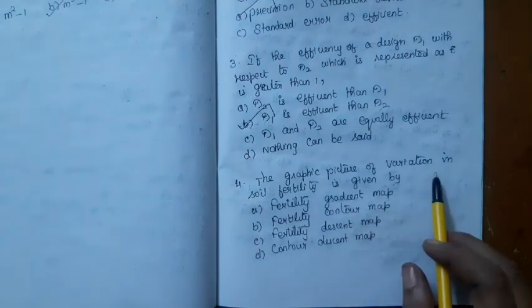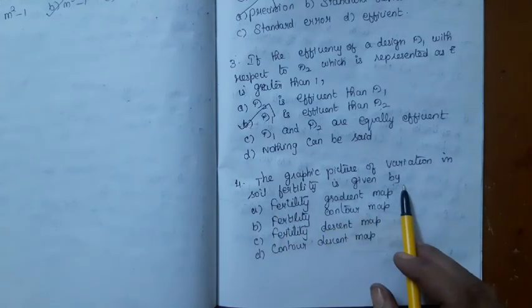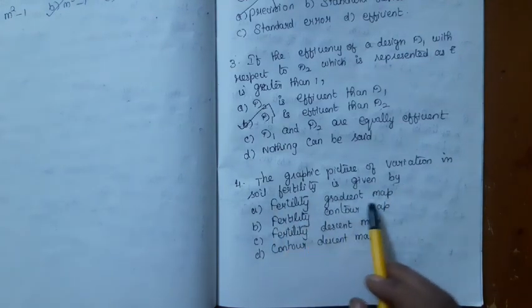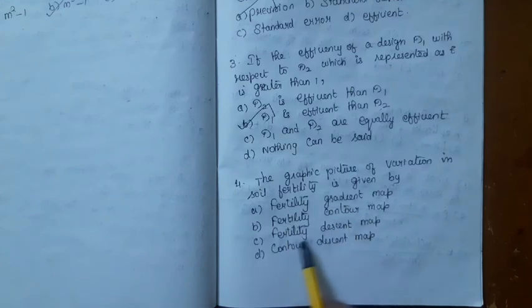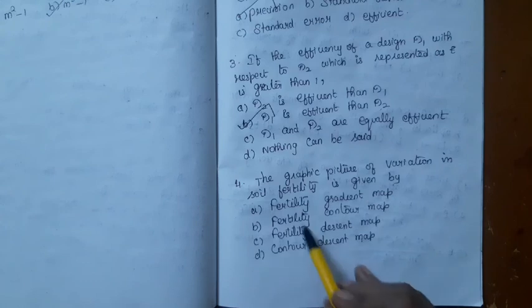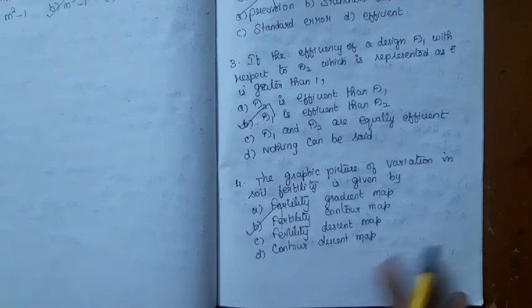The graphic picture of variation in soil fertility is given by fertility gradient map, fertility contour map, fertility descent map, contour descent map. It is fertility contour map. Okay.